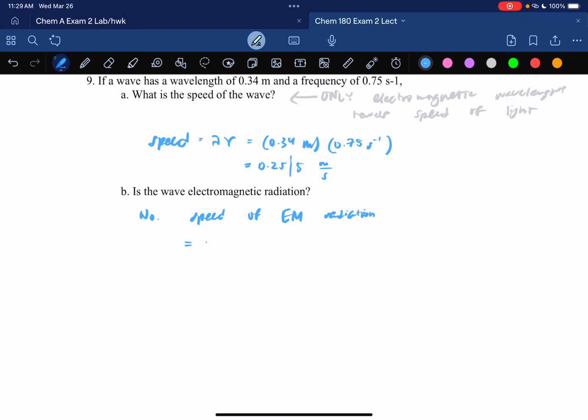So don't let that confuse you, okay? Light speed is different than water speed or sound speed.